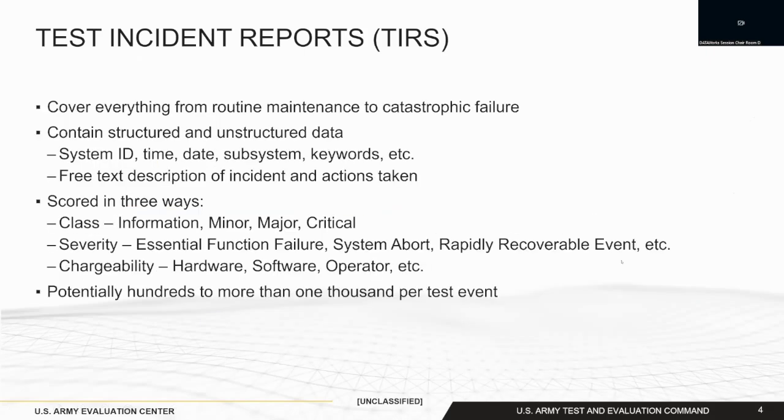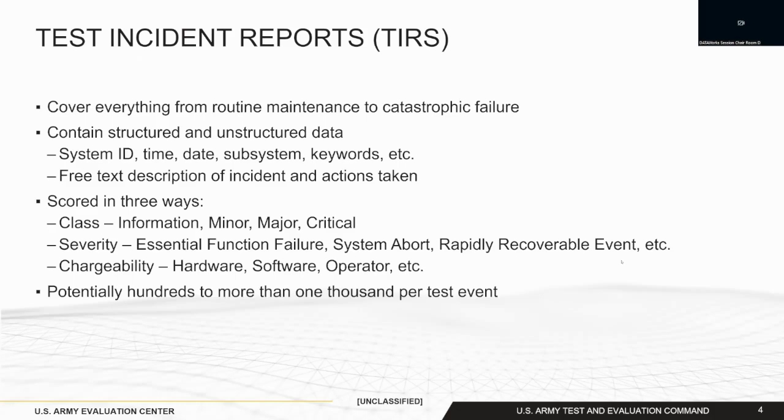Test incident reports could cover absolutely anything, as I said, routine maintenance all the way up to catastrophic failures, and they contain a combination of structured and unstructured data. So structured data such as what system it was, when it happened, and who was involved with it. If there are particular subsystems that have been identified to be involved with it, maintenance actions and so forth.